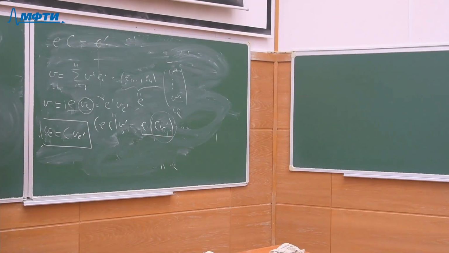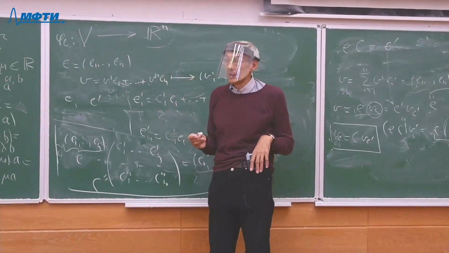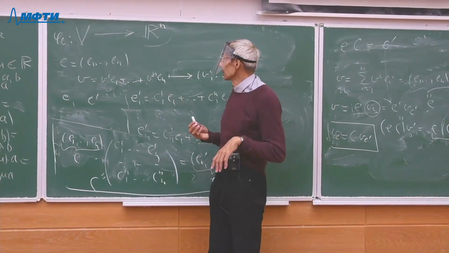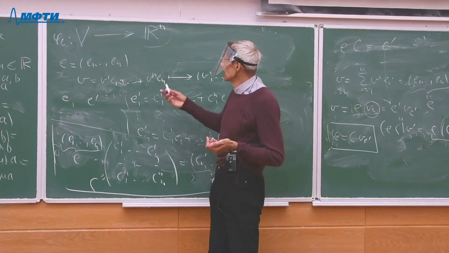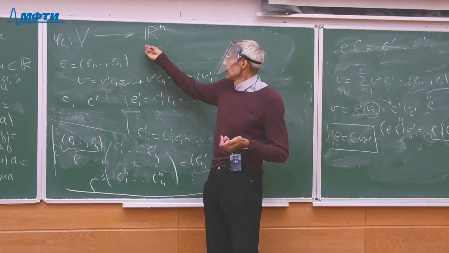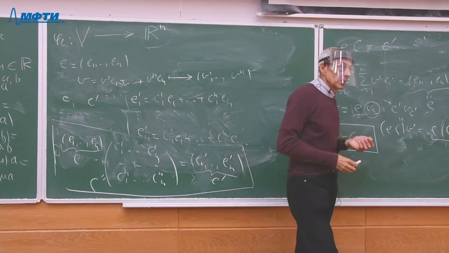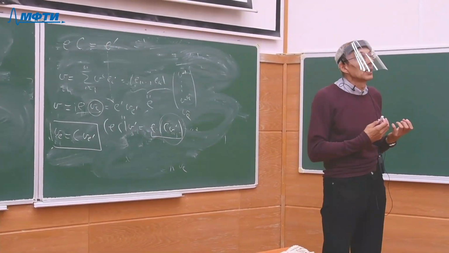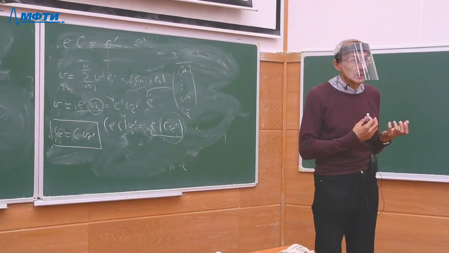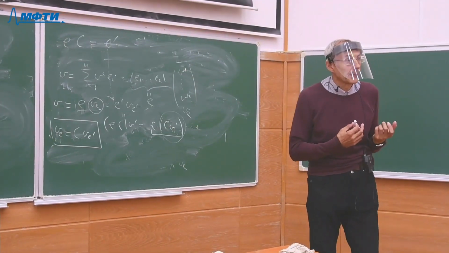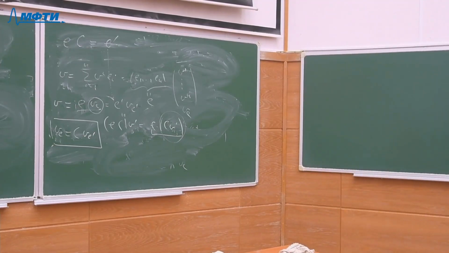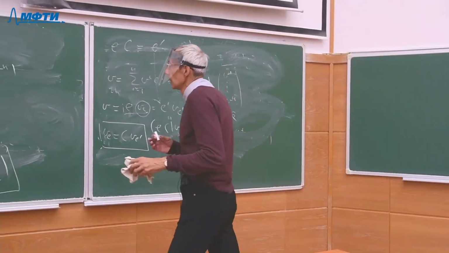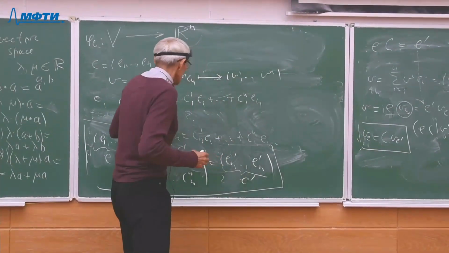The canonical presentation for the linear transformation, which will be the analog of the presentation in the form of arithmetical vector space. I can present a linear transformation as a matrix. Matrix is the canonical presentation for the linear transformation.